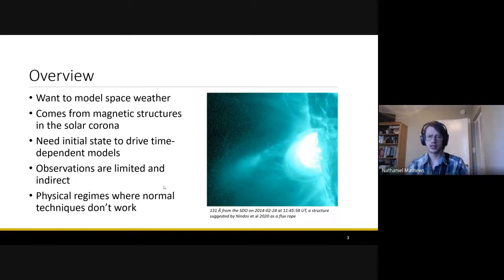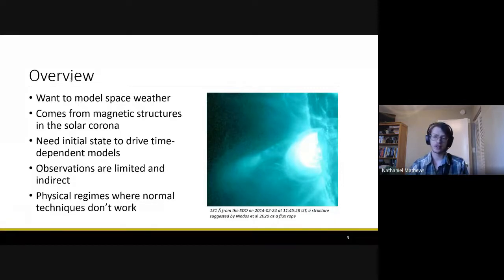Just to overview this, we want to model space weather, of course, and that comes from structures in the corona. In order to model the space weather, we need an initial state to pass into some time-dependent model of the solar wind or coronal mass ejections or whatever we're looking at.